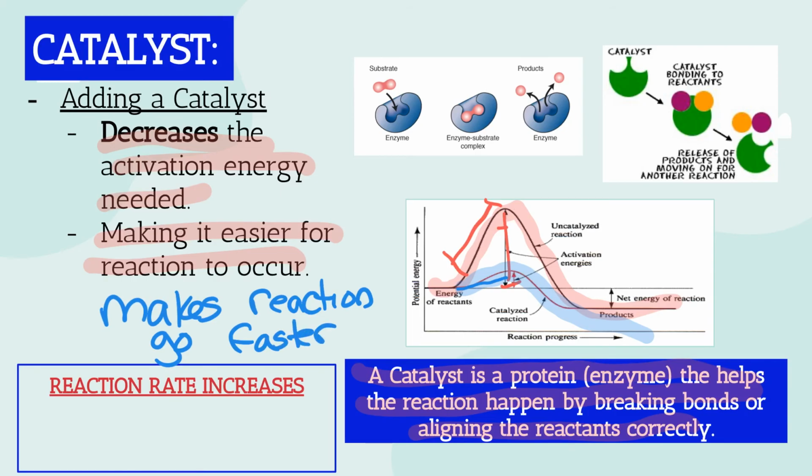Your human body has thousands of different enzymes that we use on a daily basis in order to function. And if people are missing an enzyme, it makes it very hard for them to perform certain everyday things.